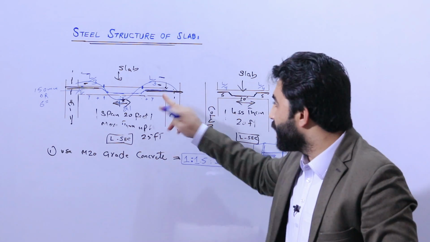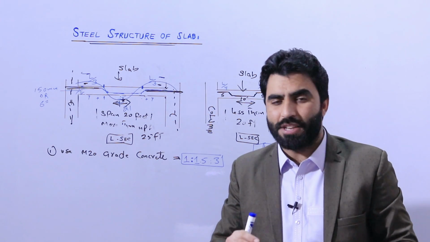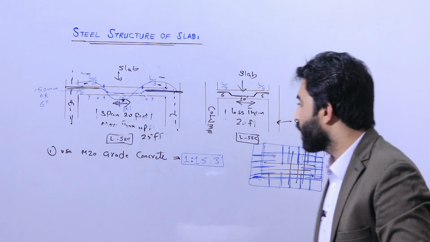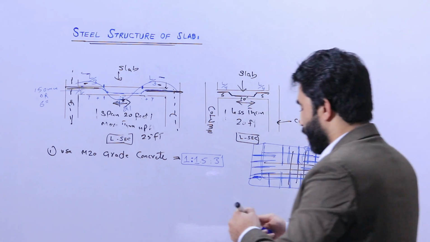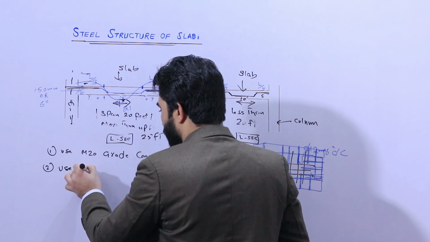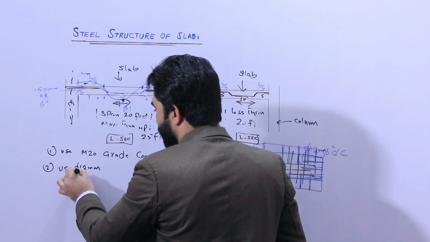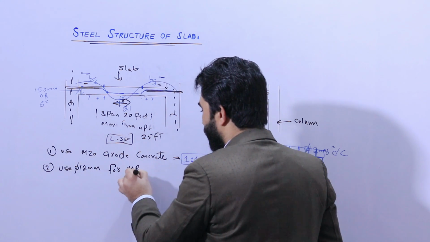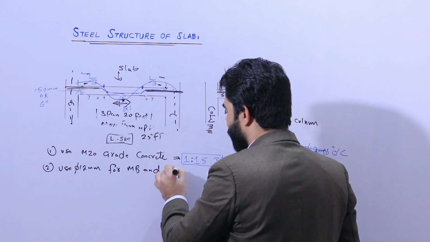But remember, in negative bending moment, don't provide the lapping length. These are some technical important terms which I am guiding you here. Okay, so guys, next, use 12 millimeter dia of steel rod for main bar and distribution bars.